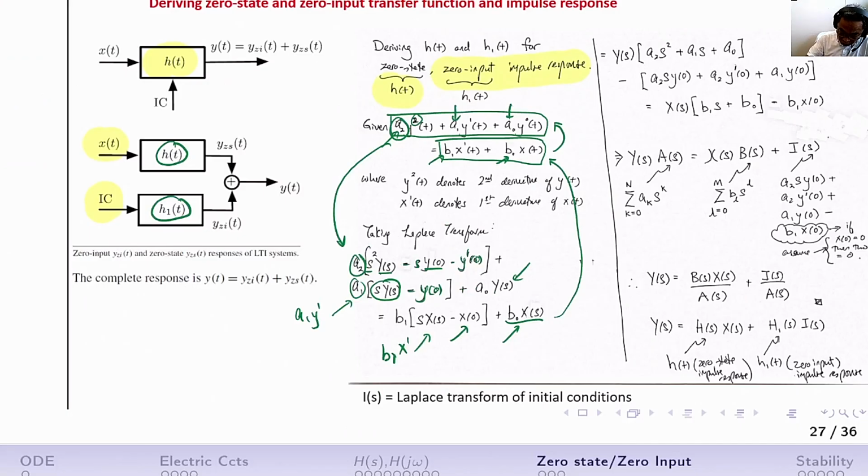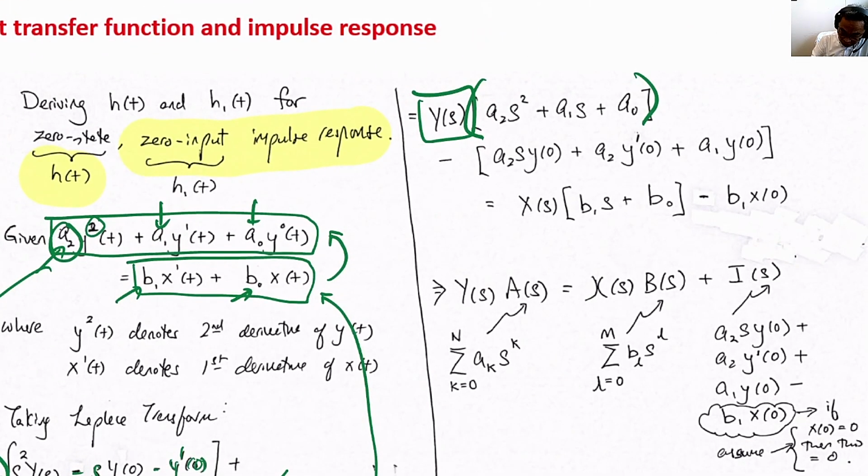We now push on to collect our terms on the left hand side. We are interested in Y of s as well as X of s. This polynomial is Y of s multiplied by this polynomial. Let's call it A of s. X of s has a polynomial.